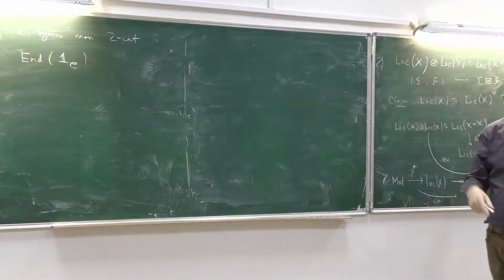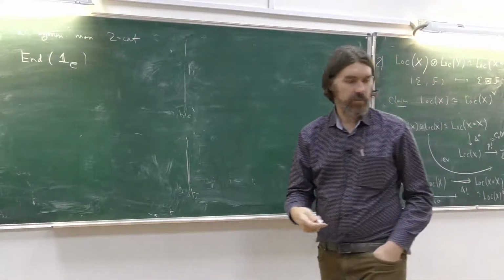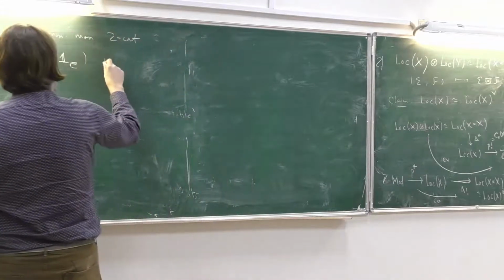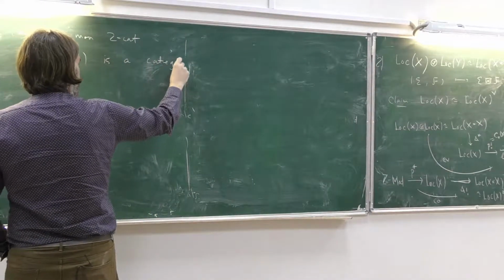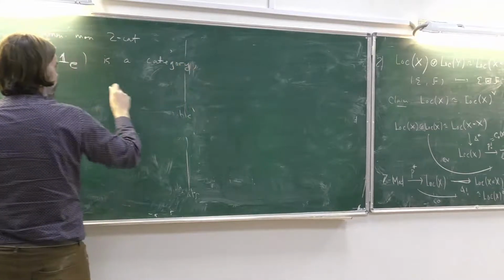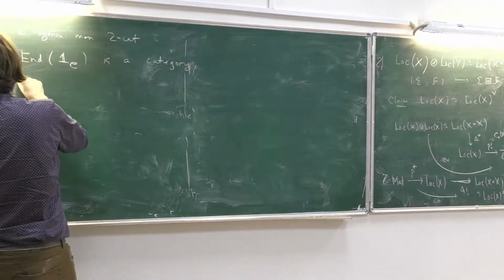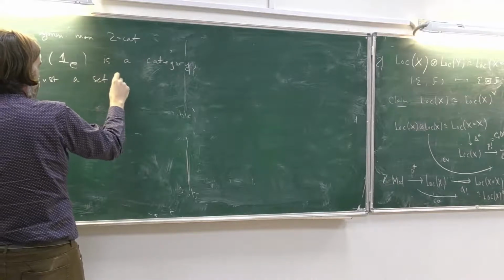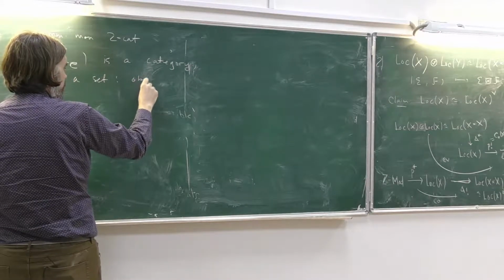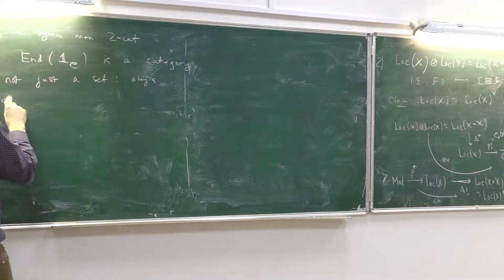So the endomorphisms of any object again form a category. So it's a category, not just a set. The objects now are the endomorphisms.